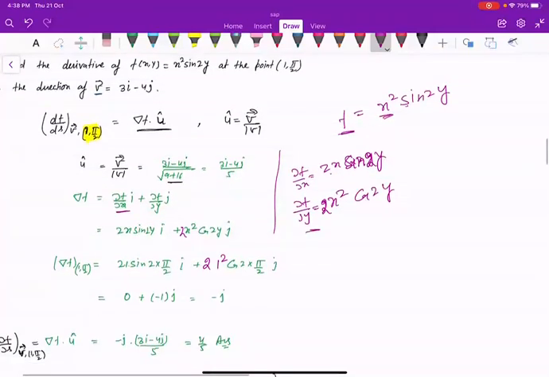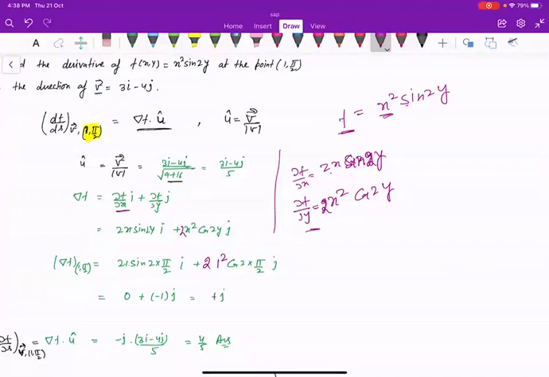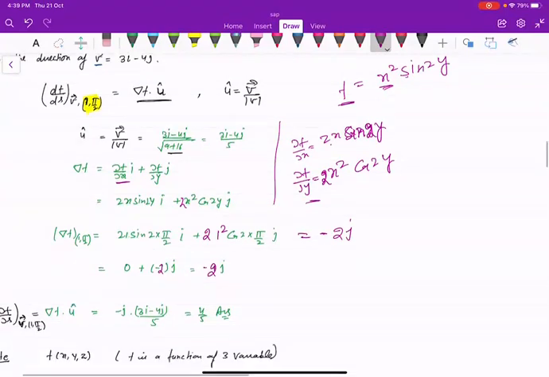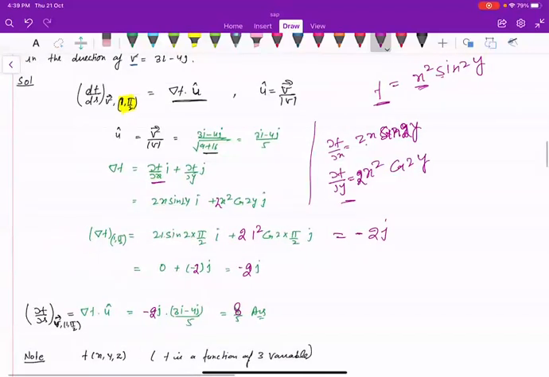Okay, so it is coming out to be plus j, plus it is 2, it is 0 sine pi, and it is 2 cos pi is what? Minus 1, minus j. Okay, this is minus 2j. Correct? It is 8 upon 5.